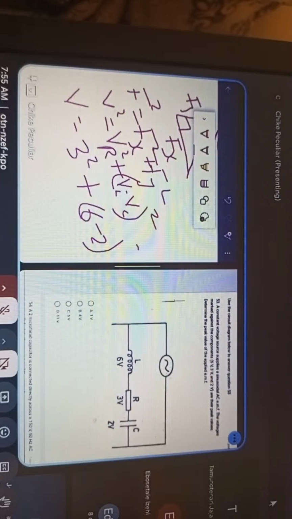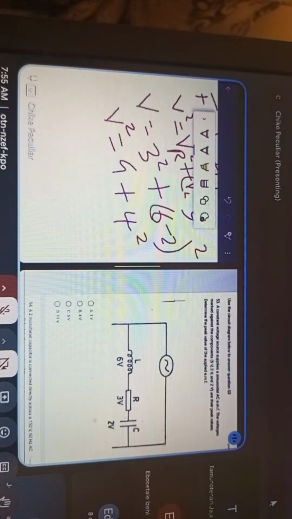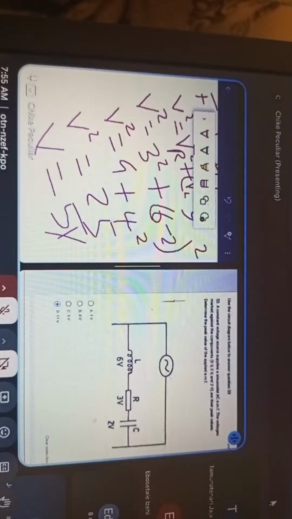So I square it: 9 plus 4 squared. So effective voltage squared is equal to 9 plus 16, which is 25. Taking the square root of both sides, you have 5 as the effective voltage. Do you understand? You get it?